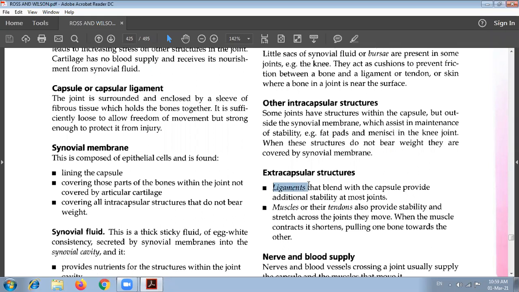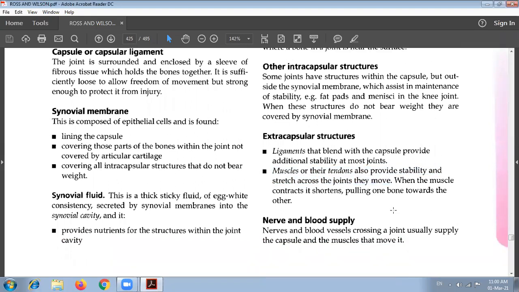These are the ligaments that blend with the capsule and provide additional stability at most joints, and the muscles or tendons also provide stability and stretch across the joints they move. When the muscles contract, they shorten, pulling one bone towards the other. So these are the intracapsular structures and extracapsular structures.